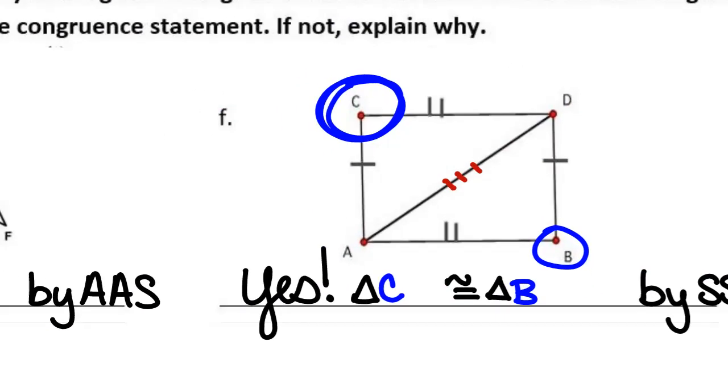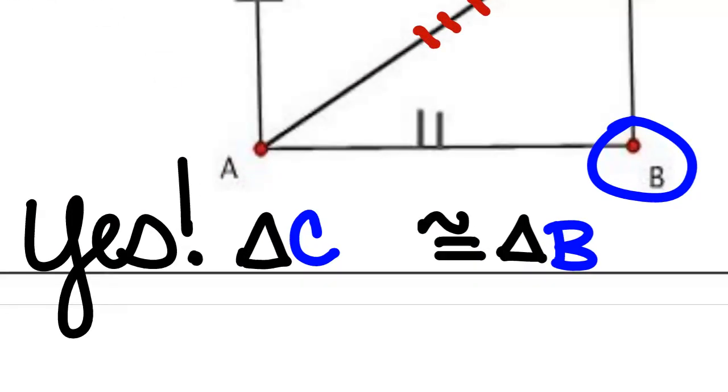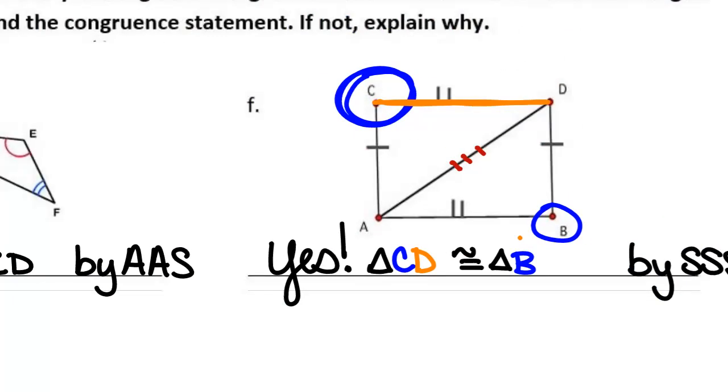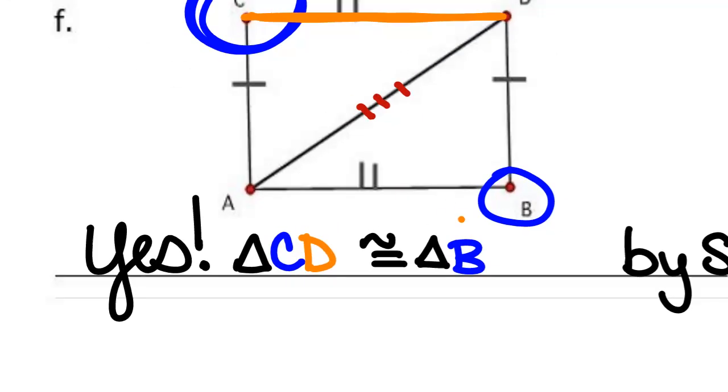Now I'm going to look at a line segment. Why don't we go this way? So that would go from C over to D. And I notice it has two congruence markings on it. Down in my other triangle, we already said that we're starting at B. I have to go from here, and I have to follow the path of the side that has two congruence markings on it. So that's going to take me from B to what?